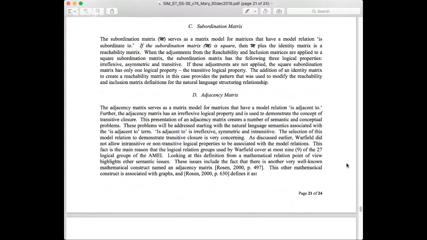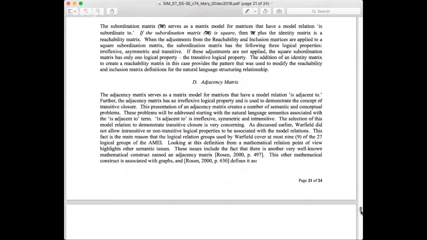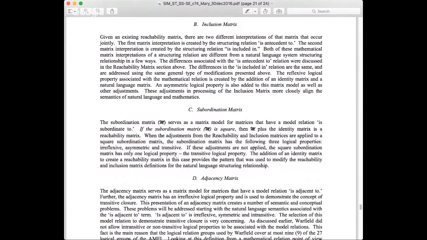So I think, again, let me write that down. I think we're going to try to do the inclusion matrix, subordination, and adjacency next.